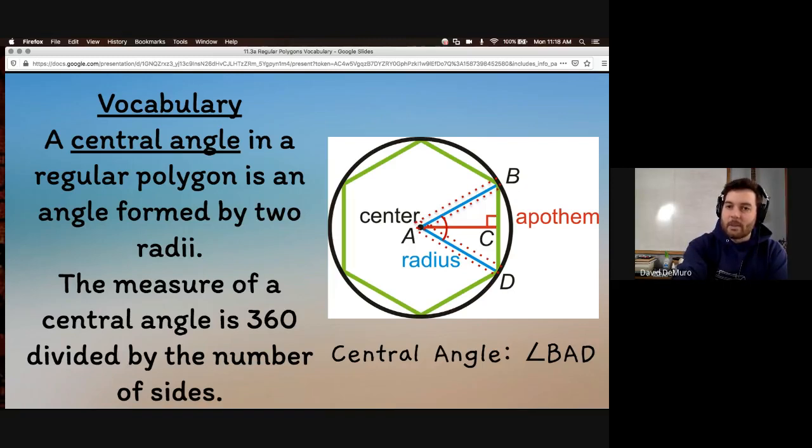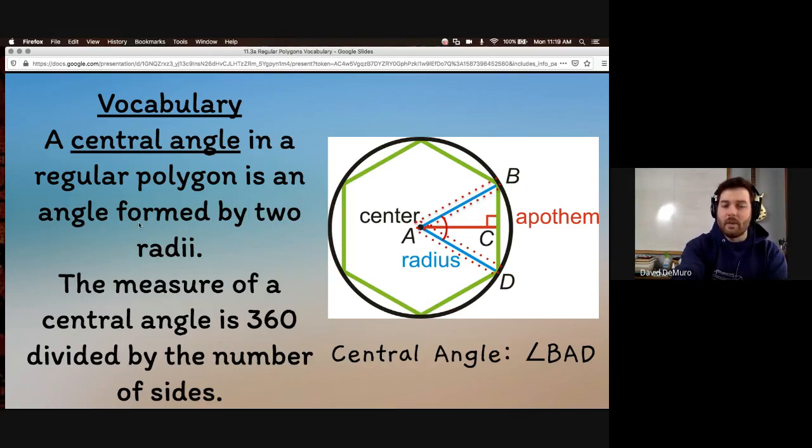AB is a radius, AD is a radius, and so that angle formed is called the central angle. Even though angles CAD or angle CAB are formed at the center, we wouldn't call them central angles because they're not formed by radii. That one's formed by an apothem and a radius. So a central angle is always formed by two different radii.